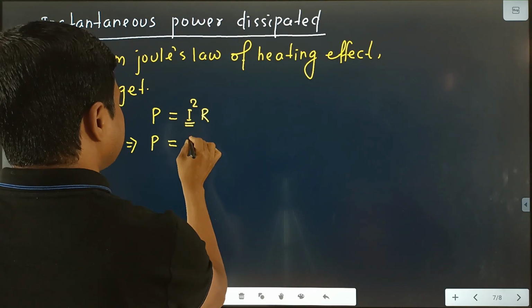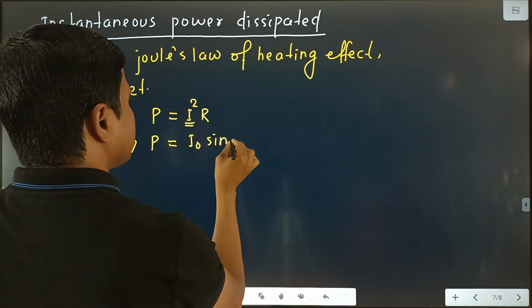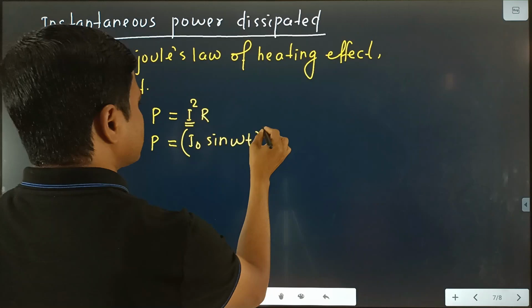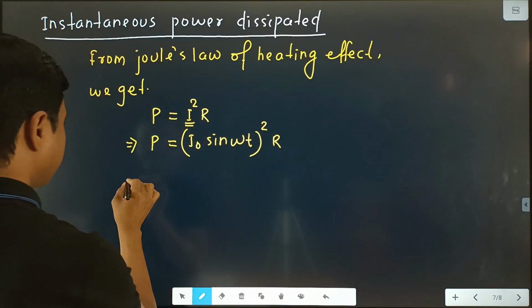So that in place of I, we write I0 sin omega t, square of this, multiplied by R.